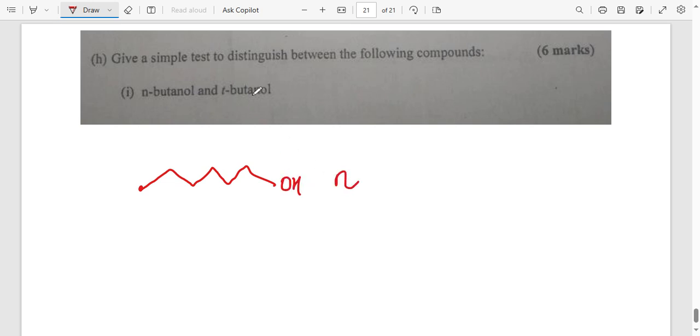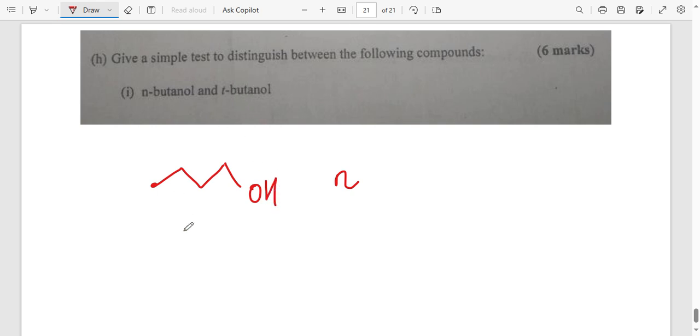Now tert-butanol, this is tert-butanol. Sorry, I've written, I was thinking of hexanol, any hexanol. So that's 4 carbons. It's a butanol. One, two, three, four. And then you put now OH there.